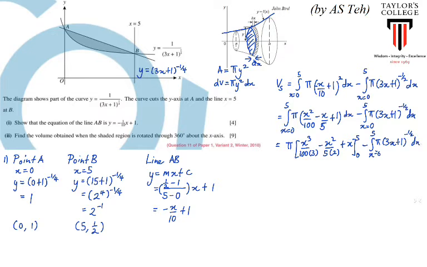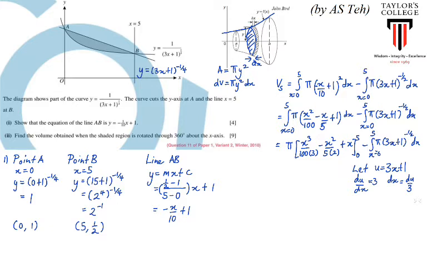As I mentioned, I need to use a substitution rule. Let u equal 3x plus 1. Therefore du per dx is equal to 3, and dx is then du over 3, which we will use for our integral.